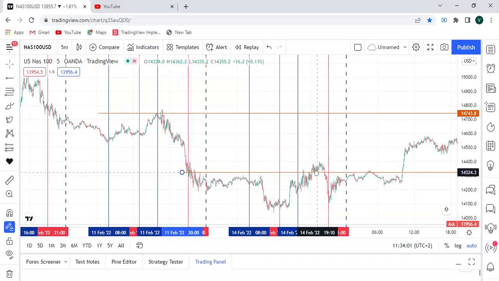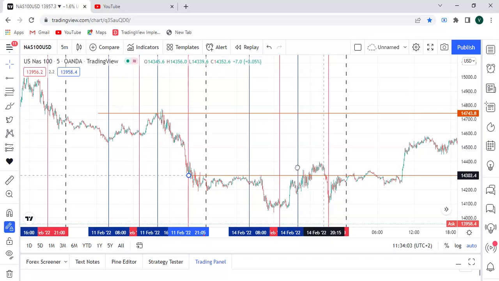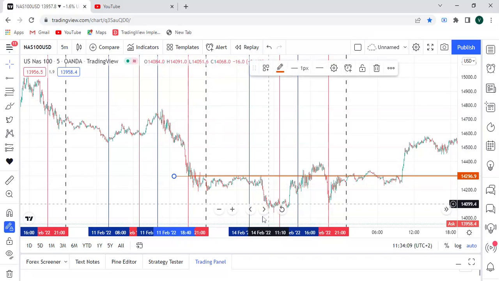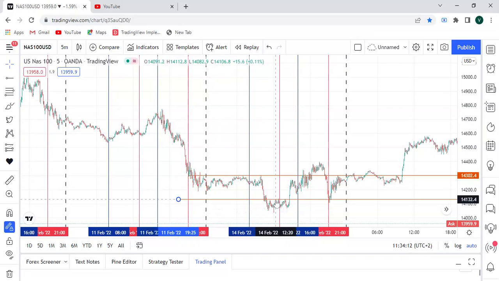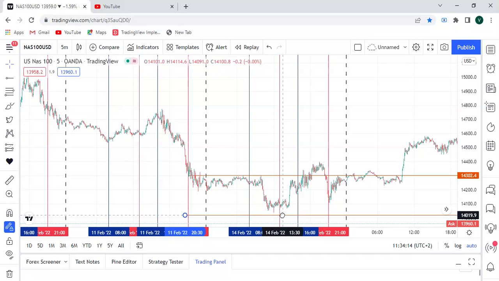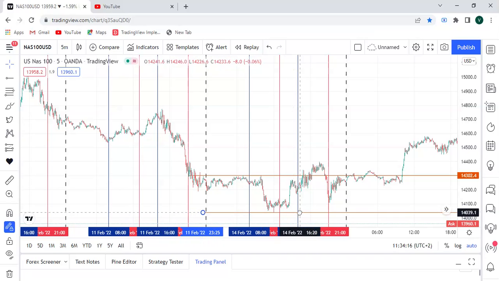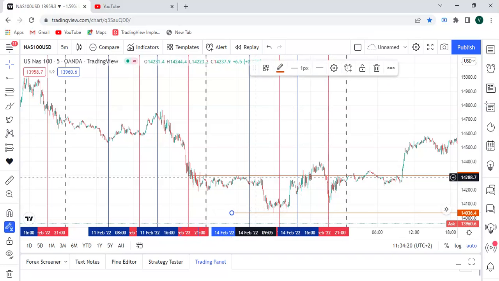I don't really like trading these things on Mondays. Whenever you see a manipulation, that's when you can execute a trade regarding the kind of manipulation that we got.